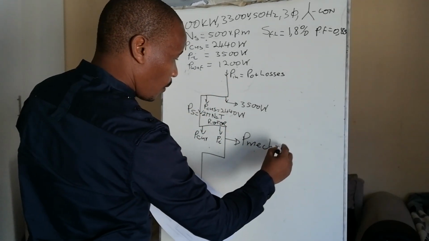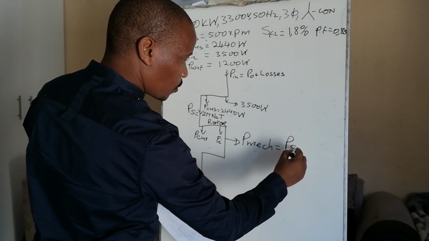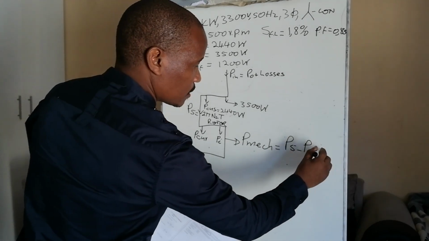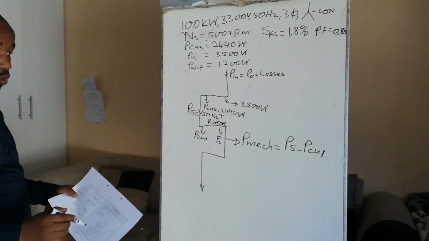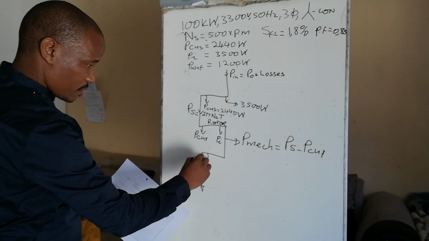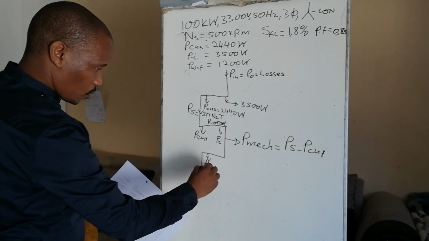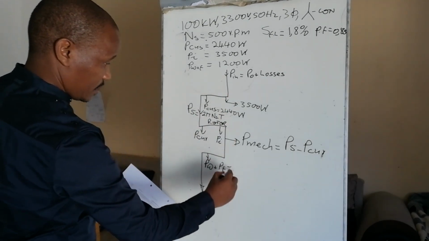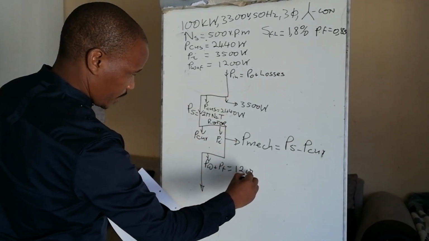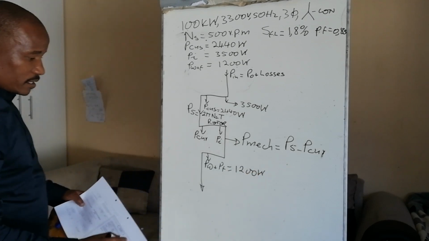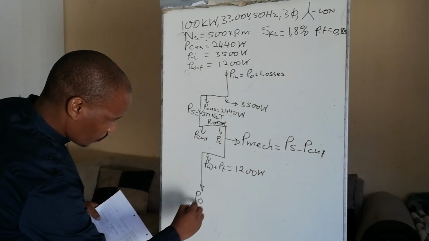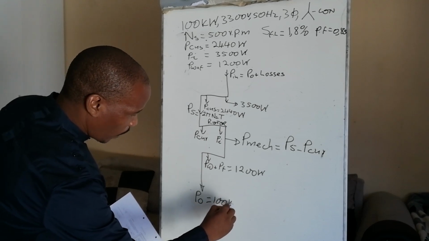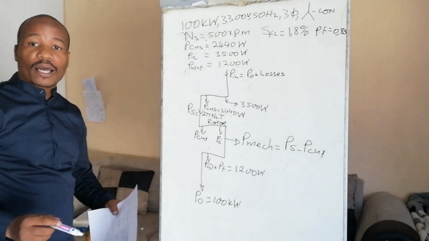This mechanical power is equal to the synchronous power minus the rotor copper losses. And then here we've got the windage and frictional losses, and they are given as 1200 watts. And of course here we've got the output, which is given as 100 kilowatts.